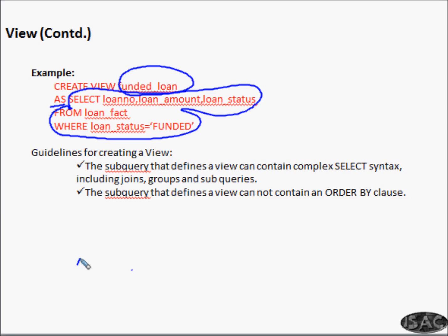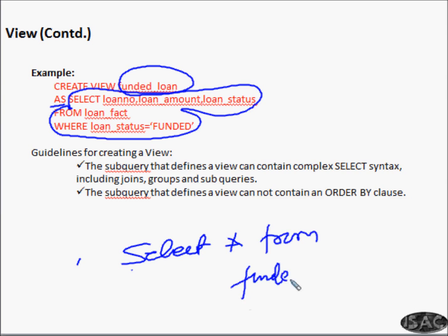Where loan status is funded. So one view is created. Once the view is created, I can simply write select star from funded loan. Okay. If I write this query, I will get the data: loan number, loan amount, and loan status where the status is funded only. The rest will not display, right?